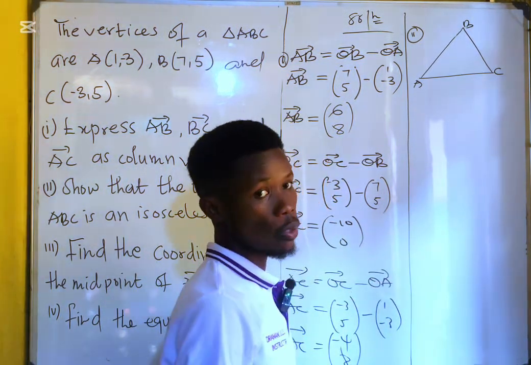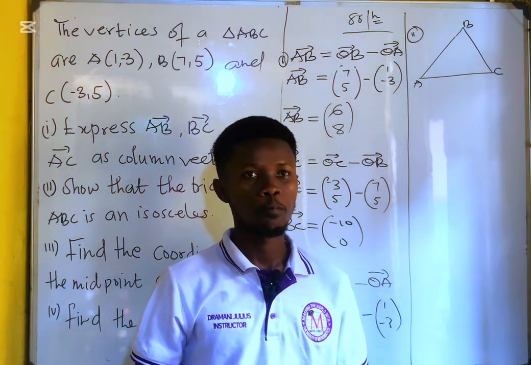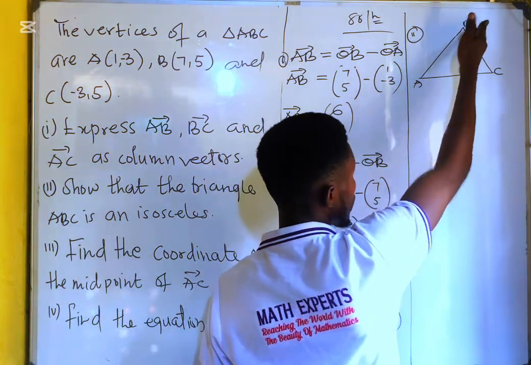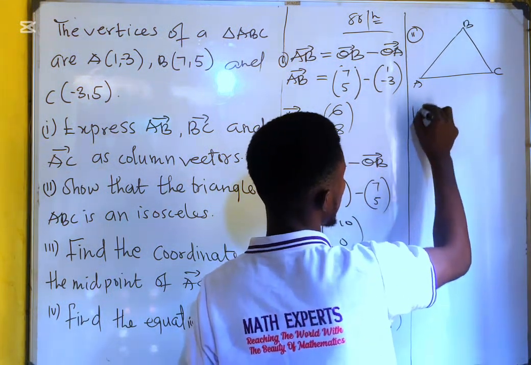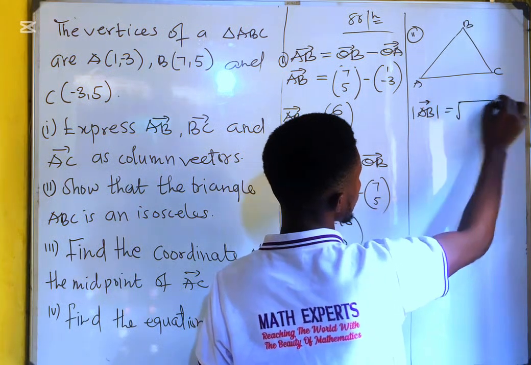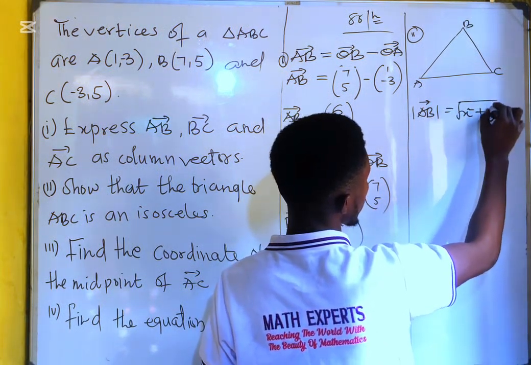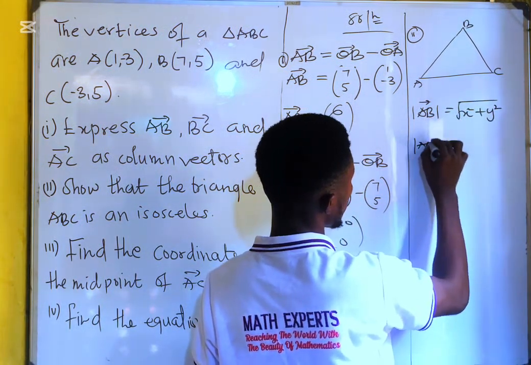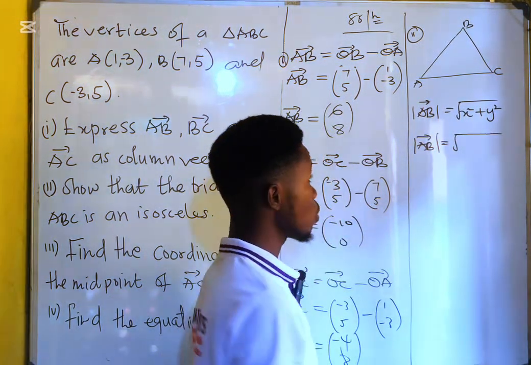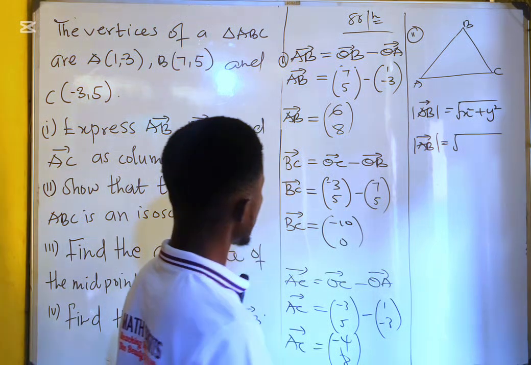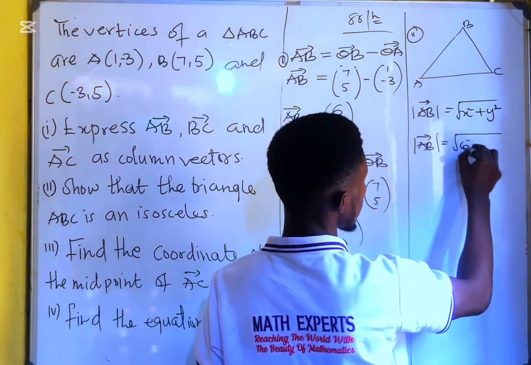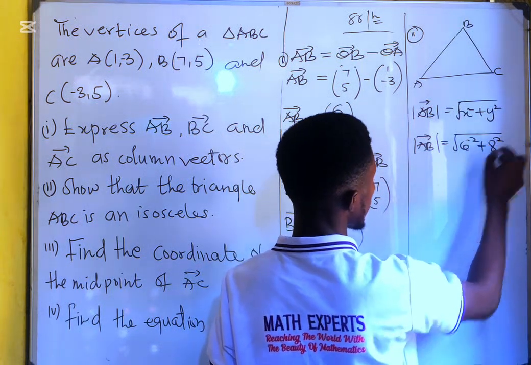So if you want to do that, what you do is that you use the length of a vector, okay? So you know that A to B is a length. So let's look for the length of AB. You know the formula to be what? Square root of x squared plus y squared. So the length of AB will be equal to, let's write the formula again. You know it already. Where is AB? We have already worked out AB. AB is (6, 8). So we have 6 squared plus 8 squared.